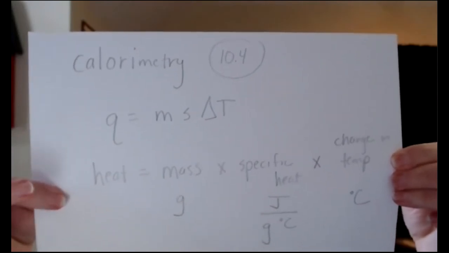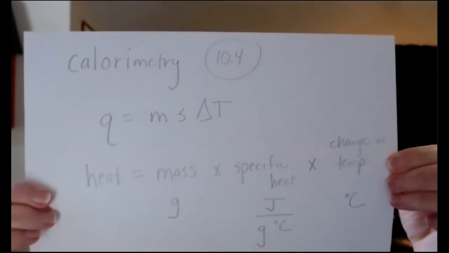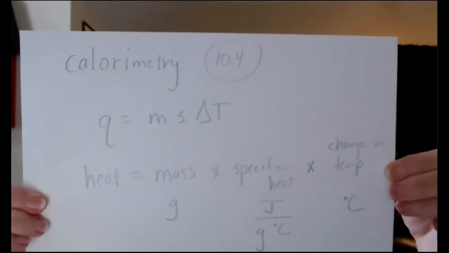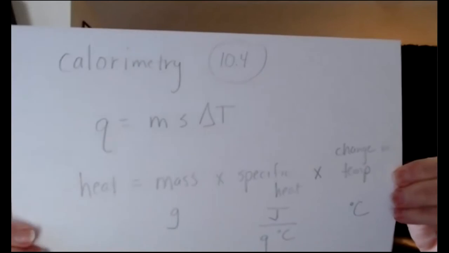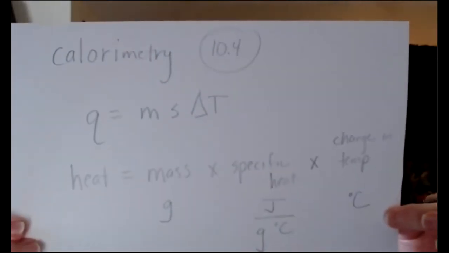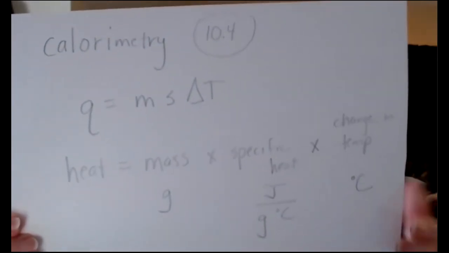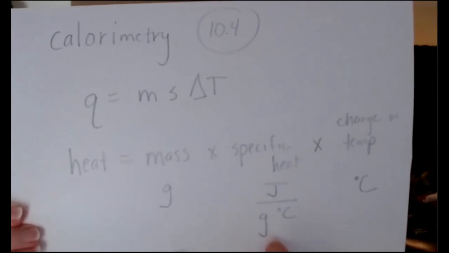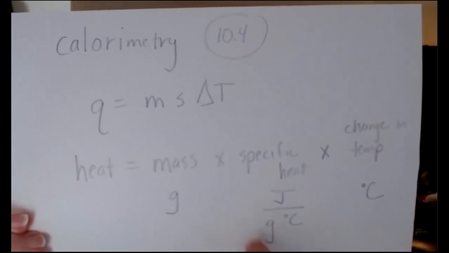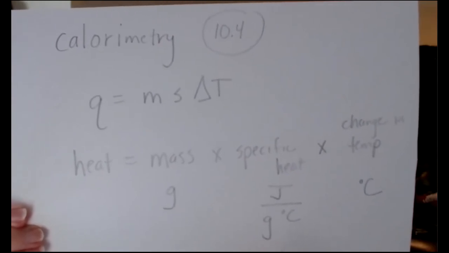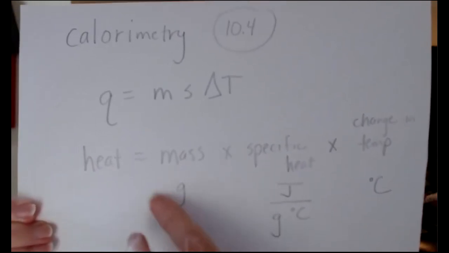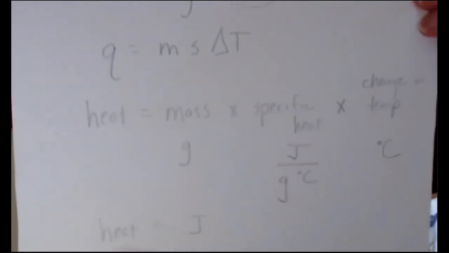It's basically heat equals mass times specific heat times your change in temperature. If your mass is in grams and your temperature is in Celsius and your specific heat is a physical property, a combo unit, joules per gram degree Celsius, which does not limit your significant figures, these units will cancel and give you the joule.